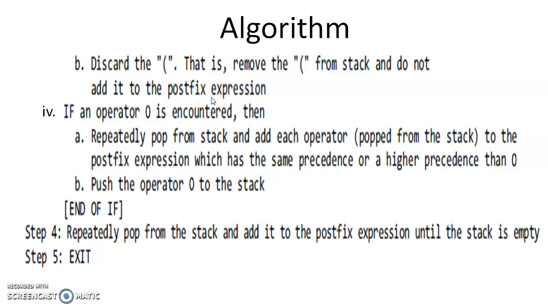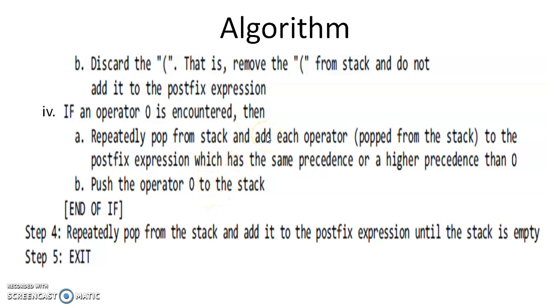Suppose consider that the fourth one is, if an operator O is coming. So whenever the operator O is coming, we are checking what is the priority of the top of the stack operator and our operator. If our operator is having higher priority than that, just we are pushing it onto the stack.